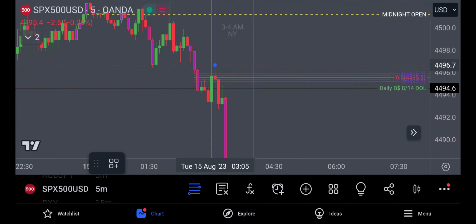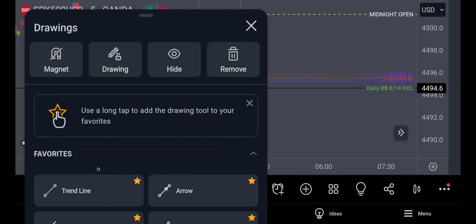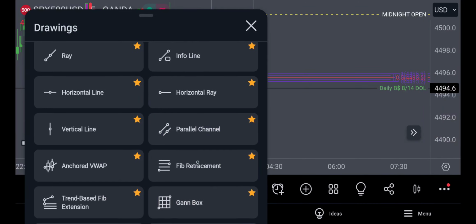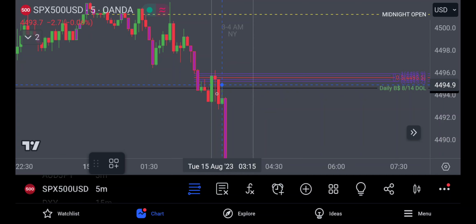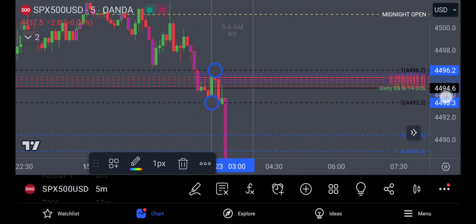Let me turn the magnet back on because it just helps. So I take my fib tool. If the manipulation was up and then the distribution was down, I'm going to draw my Fibonacci from the top swing to the bottom swing point. And I'm going to change to my projections 2.0.